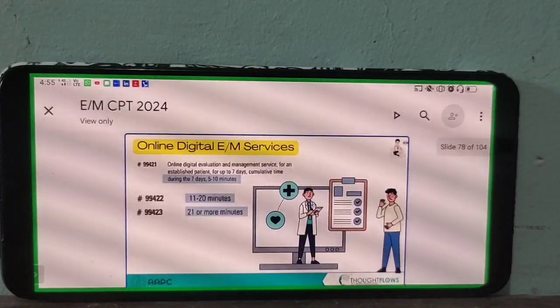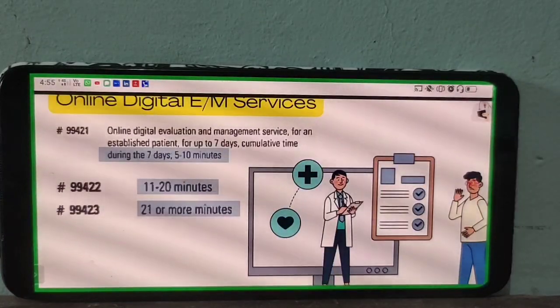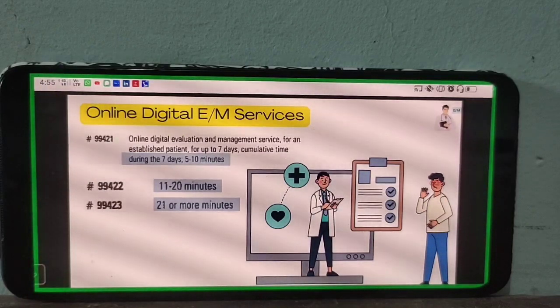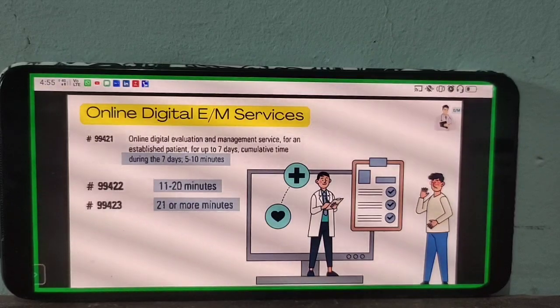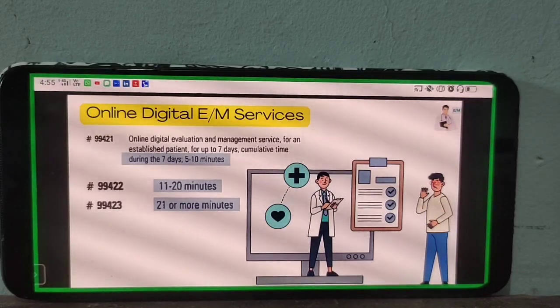Then this is audio with video. Online digital service. So this is audio with the video. Online digital evaluation: 5 to 10 minutes 99421, 11 to 20 minutes 99422, 21 minutes or more 99423.